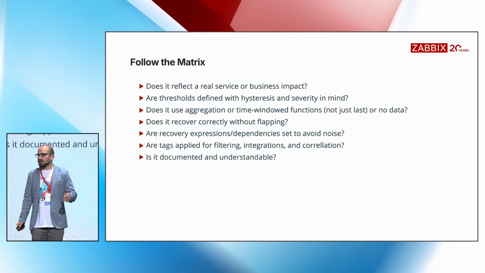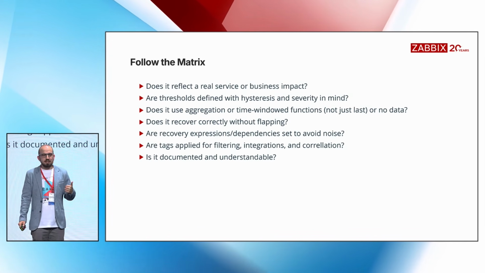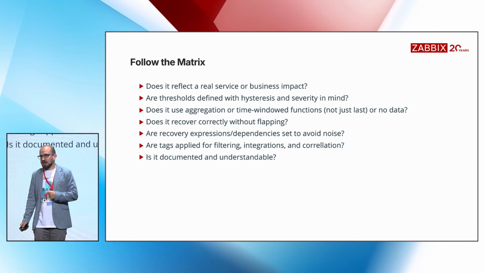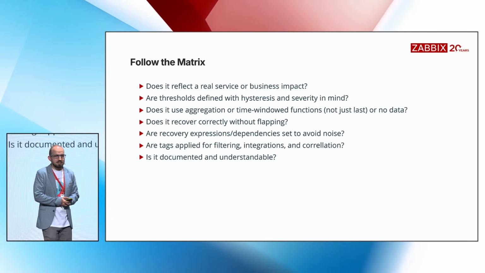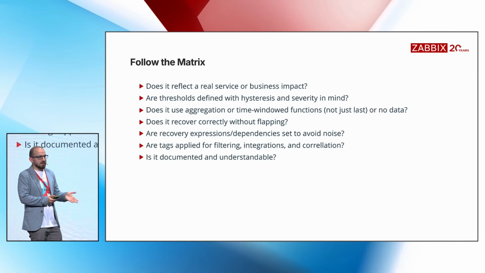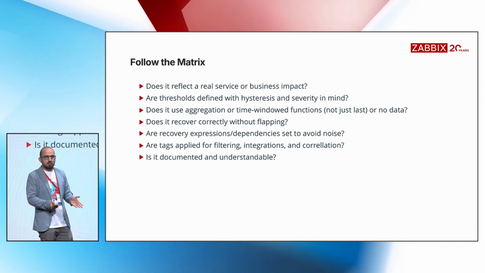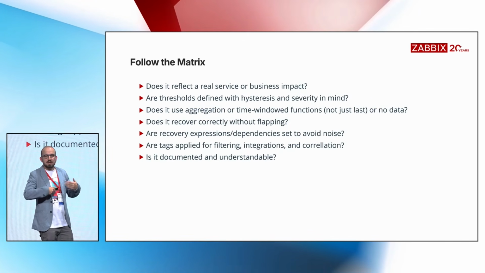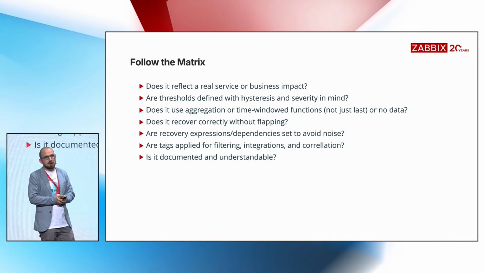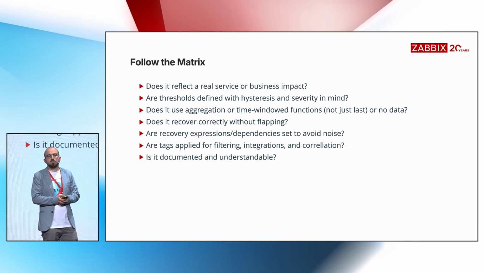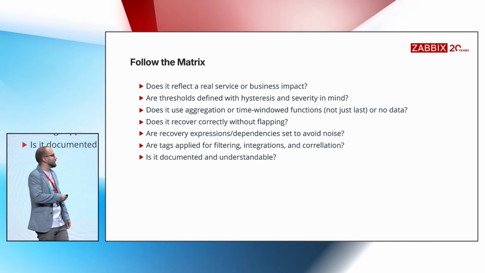No, take a look, pay attention to it, and see if it behaves fine over time, not just in the last 5 minutes. And if it doesn't, then maybe introduce a recovery expression to make it more precise. And then you can go even further, add some tags, use some macros, and add some documentation on how to resolve a problem and add it as a link.